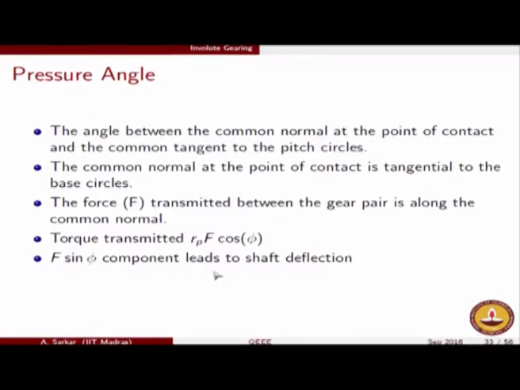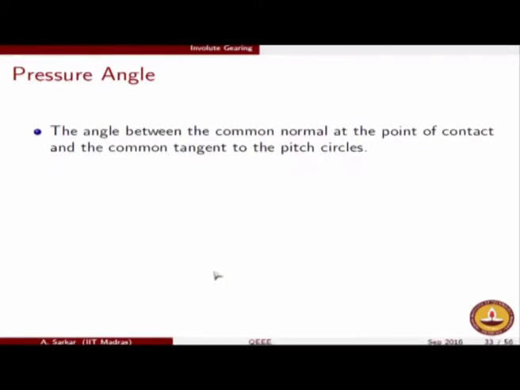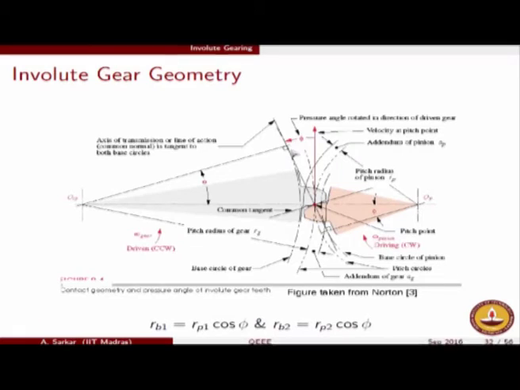But what happens to the other component, the horizontal component? If the force acts in a slanted manner, slanted to the vertical by angle phi, then F sin phi denotes the horizontal component. This horizontal component is useless as far as torque is concerned, but it may cause shaft deflection, because finally the gear is mounted on some shaft, and the shaft is mounted on bearings which connect to the frame.